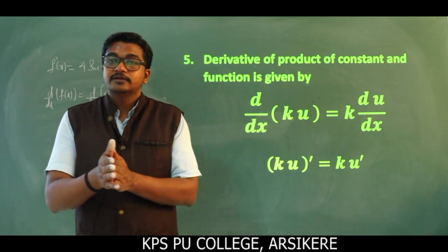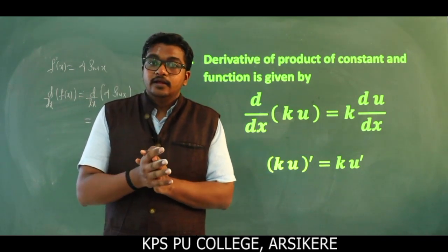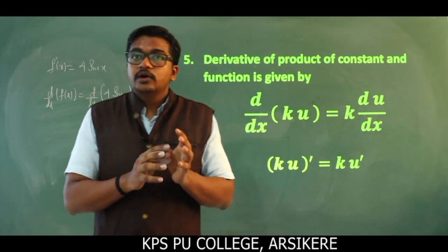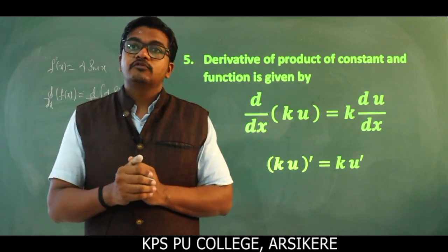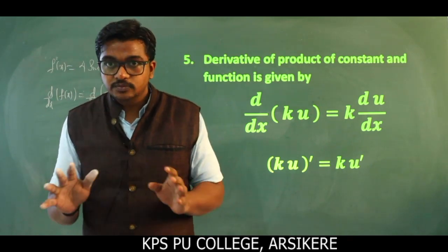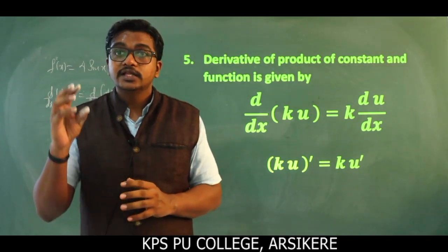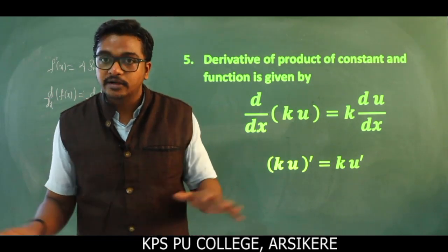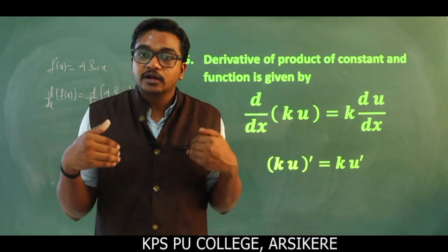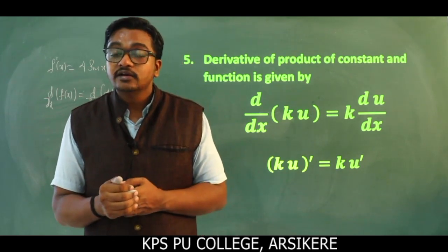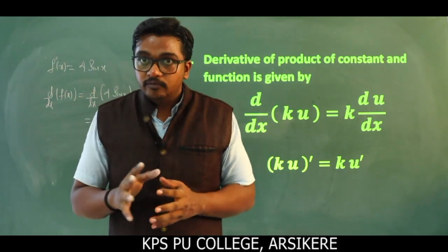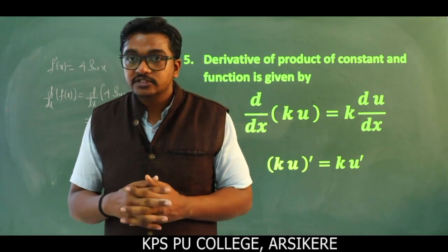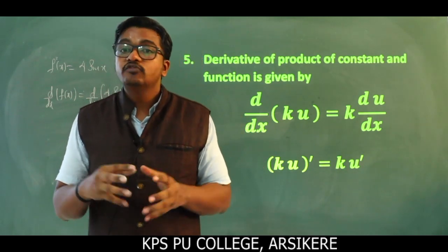Just observe, dear children. So there are 5 properties, property 1, property 2, property 3, property 4 and property 5. They are the most important ones, especially property 3 and 4. They are fundamental. So when they give a product of two functions, or when they give u by v form or quotient of functions, or f of x by g of x form, how do we find the derivative?